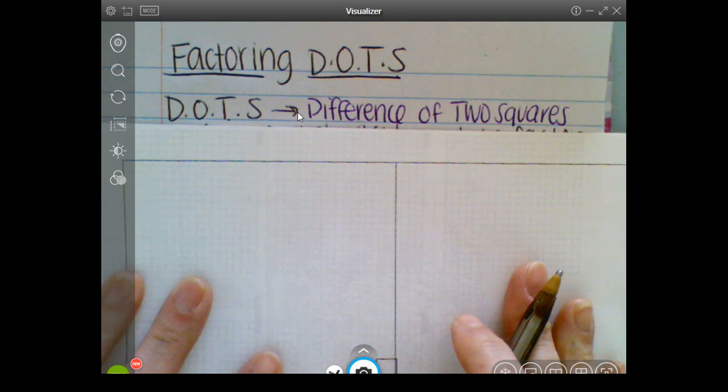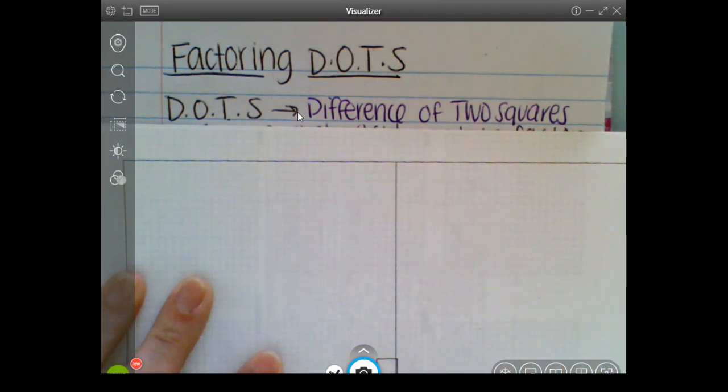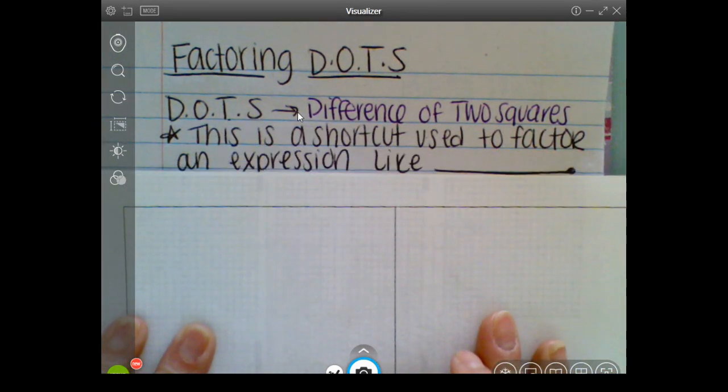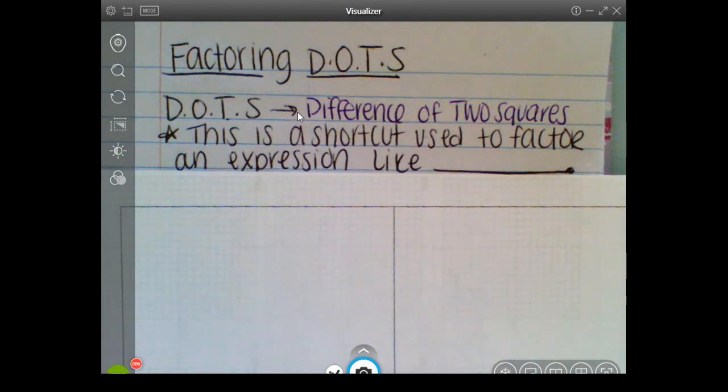The reason why I'm doing it second is because it's a shortcut used to factor. You could use a later method to factor things that look like this. But if you can recognize that you have a difference, so you see a subtraction in the problem, and that you have two squares, you can shortcut and get the answer right away.